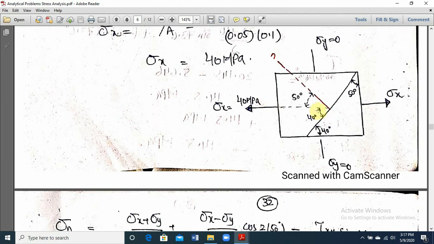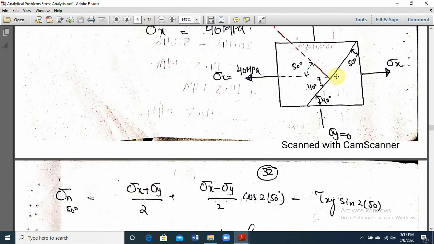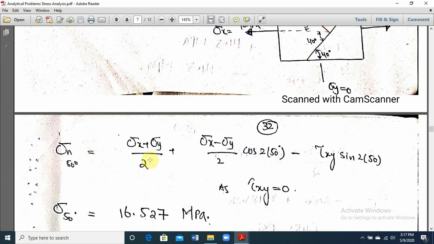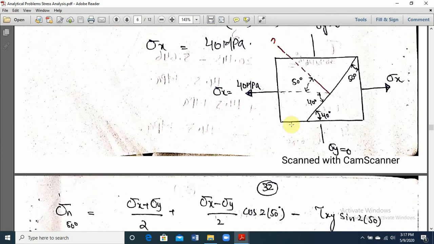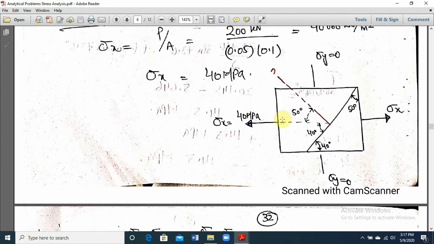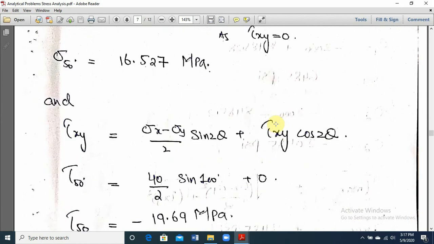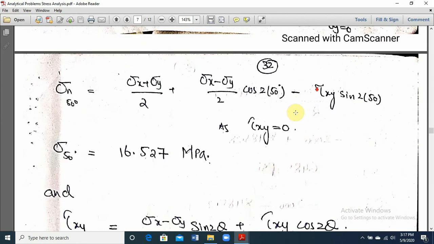So what is the value of maximum normal stress in this glue? This will be equal to sigma n at 50 degree. Actually, n makes an angle of 50 degree with the horizontal axis. So putting the value of 50 degree: sigma x plus sigma y divided by 2 plus sigma x minus sigma y divided by 2 cos 2 theta. As we know, there is no shear stress on it as the plane is perpendicular.